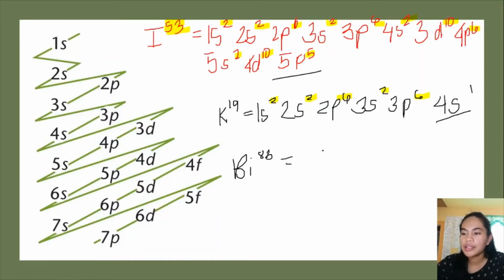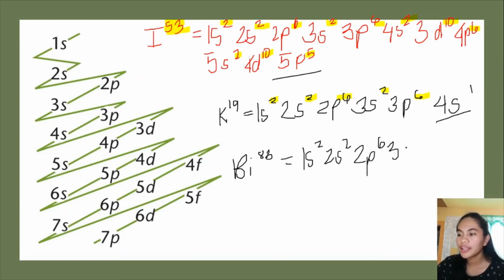Okay, so bismuth 83 again: 1s2, 2s2, and then after 2s2 we have 2p6. Then after 2p6 we have 3s2. After 3s2 we have 3p6. And then after 3p6, we have 4s2. Very good.